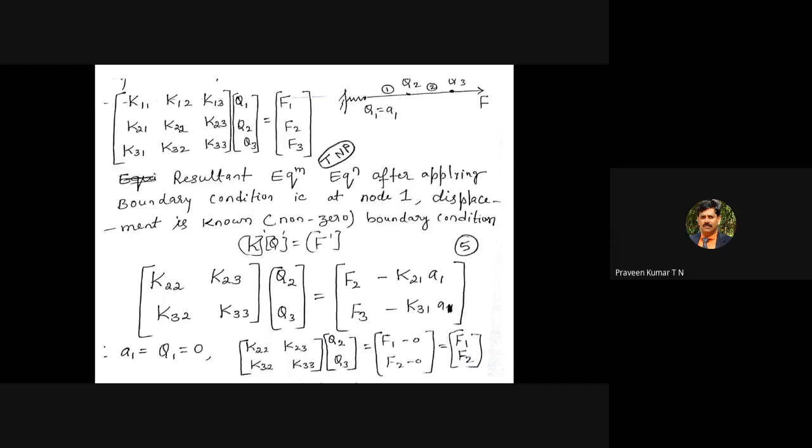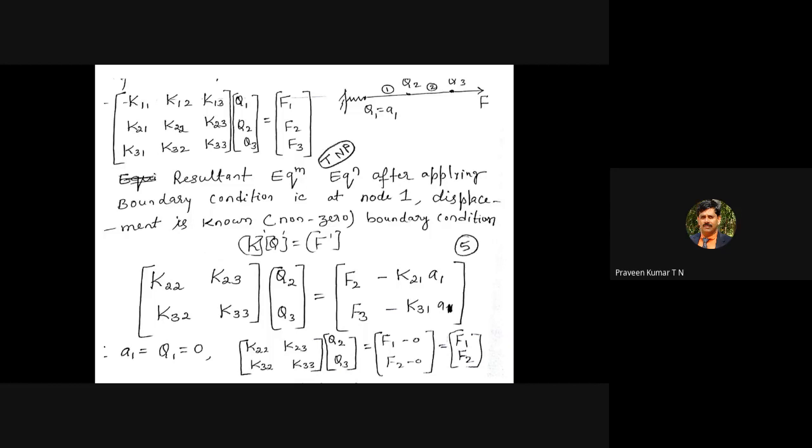One more option is you can remember you are eliminating the first row. When you are eliminating the first row, anyhow it is gone, and the first column also you are eliminating. When you are eliminating the first column, K21 goes to the right side, giving K21 into your A1, that is your displacement or boundary condition. Similarly, eliminating K31 means you are taking K31 to the right side.